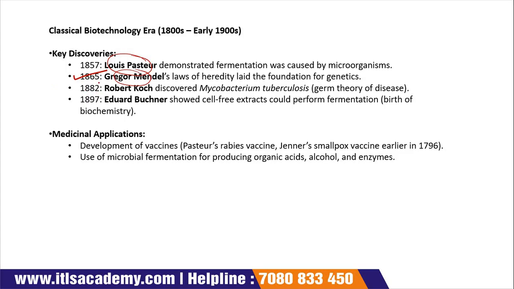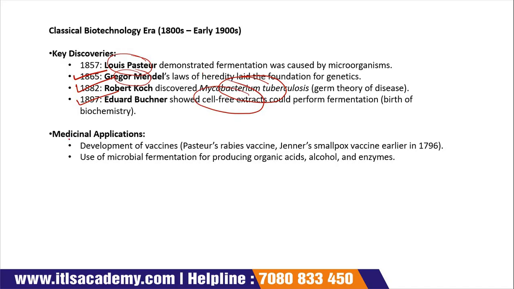Okay. Next, in 1882, Robert Koch identified Mycobacterium tuberculosis, a microorganism that is responsible for causing the disease known as TB. Next, in 1897, Eduard Buchner showed the cell-free extraction method. Okay.